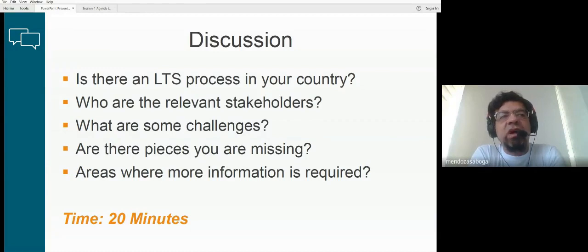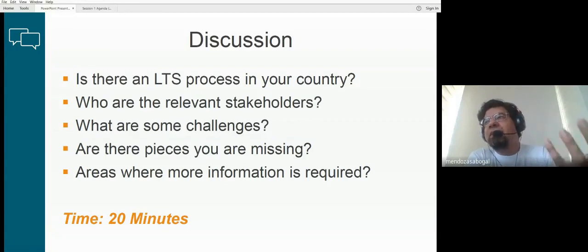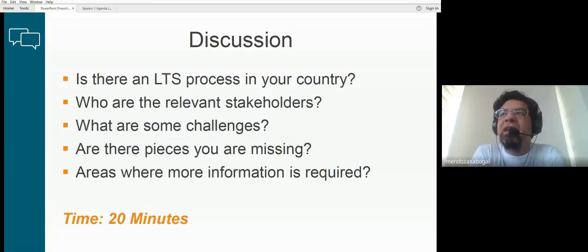And we are trying to involve not only the public sector, but also the private sector and civil society to have a broad picture of this vision of the country in the long term. And we are trying to create a very participative process within the country.